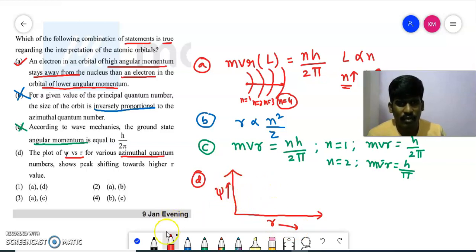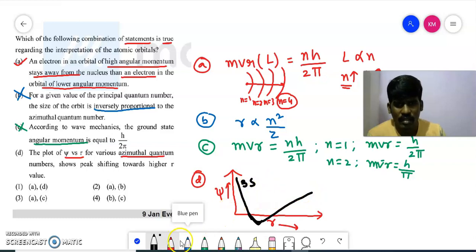If I take the graph for various azimuthal quantum numbers, if I am taking the 3s orbital, the 3s orbital graph will be like this. This is for the 3s orbital.